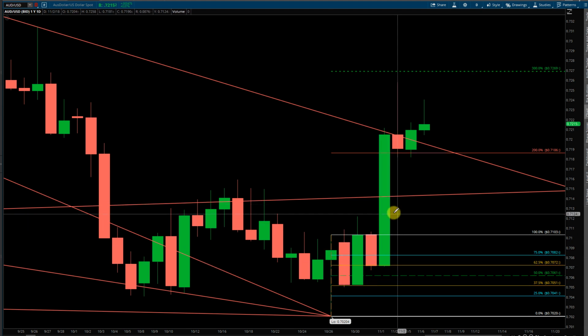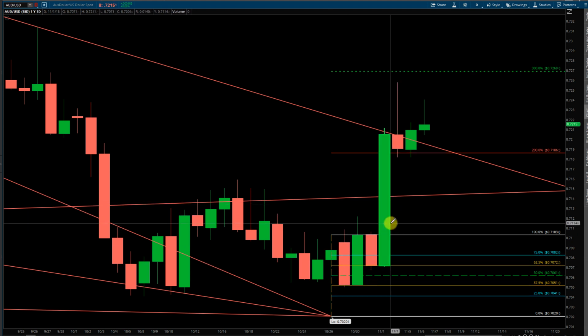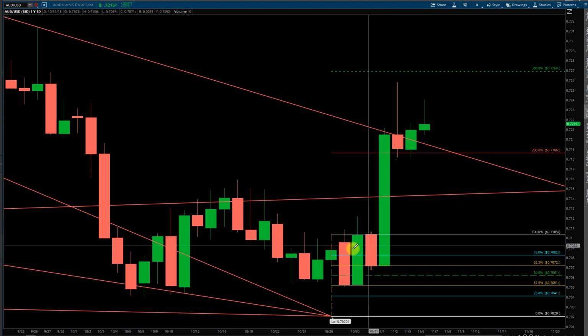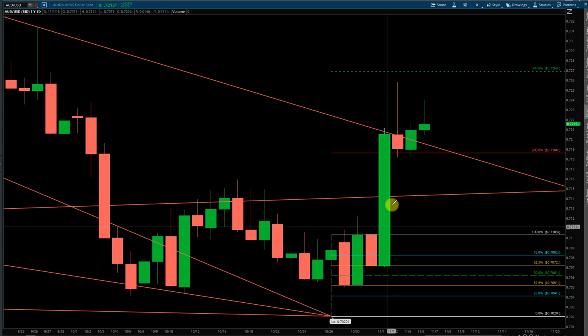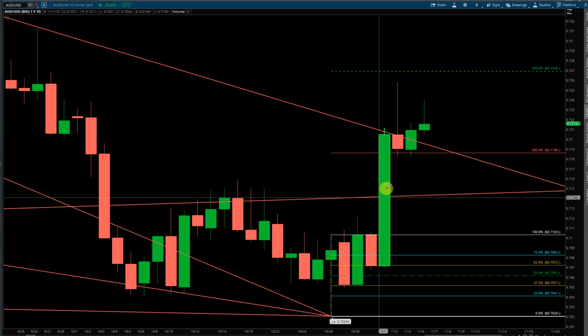One key thing that made me lean toward maybe this is the real deal is when you have a bull kicker, as I call it, like this. Who has the power and the amount to buy like that? It could be banks. This is not retail. This is the big boys, banks, institutions coming in.